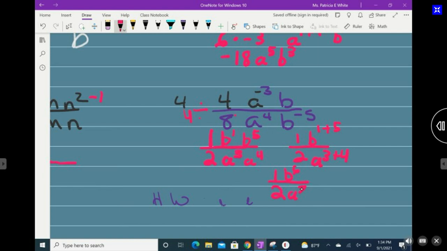All right, let's get homework out, please. Yeah, homework. You have 0 for that paper because it's in your folder instead of turned in. Okay.